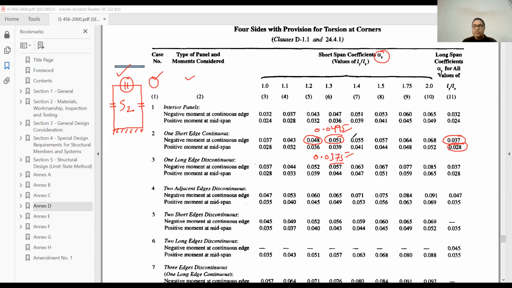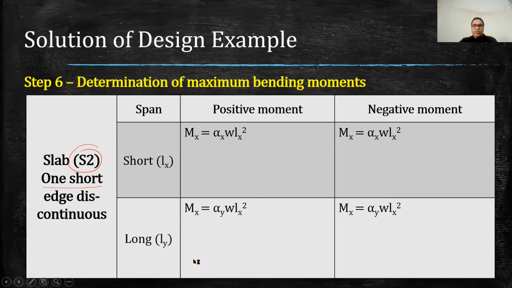So now we will put these values in our slide and then we will see what is the case. So here putting all the values of alpha x, and we already know the value of W and Lx.